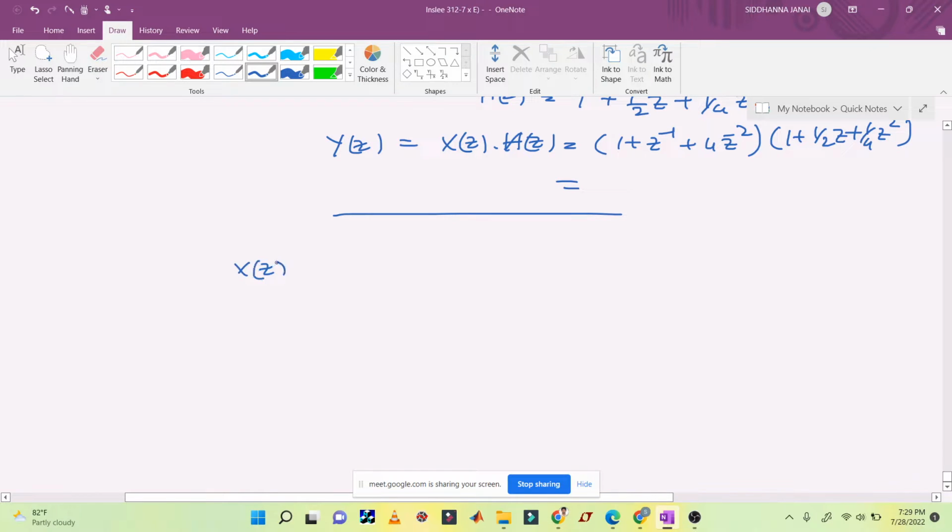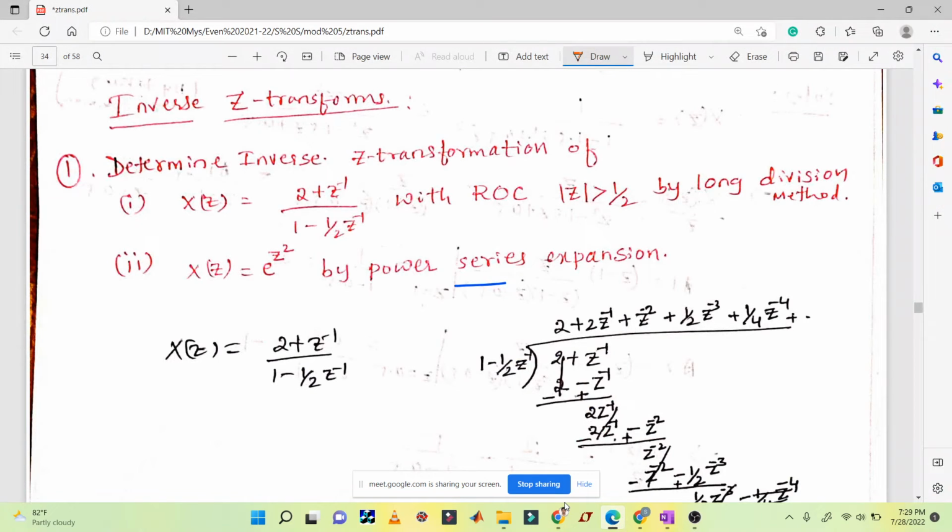So from now onwards, x of z is given, x of n we need to find. So what is the ROC given? ROC is z greater than 1 by 2. That means it is a right sided sequence. From this only we are able to understand.